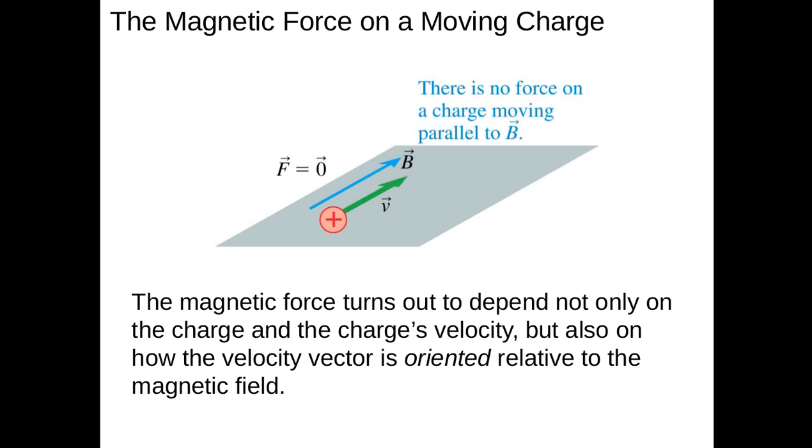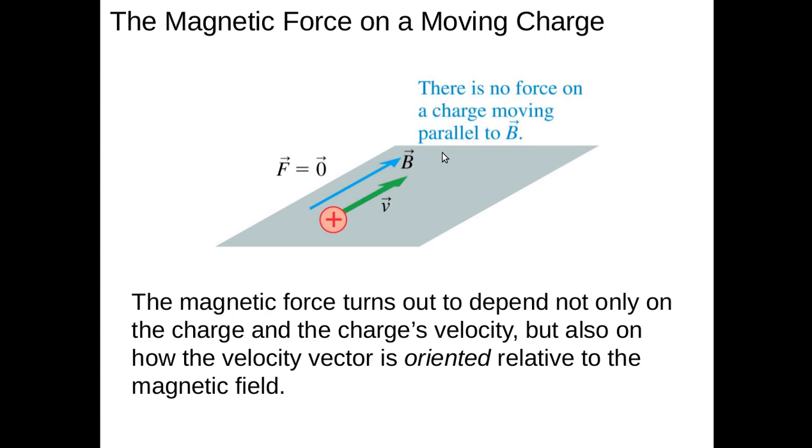Okay, but once the charge starts moving, so say we give this charge a velocity v. We've got some device that fires charge off into a magnetic field. So this charge is moving in this direction with a speed v. We see that if the positive charge is moving in the same direction as the magnetic field, there's still no net force.